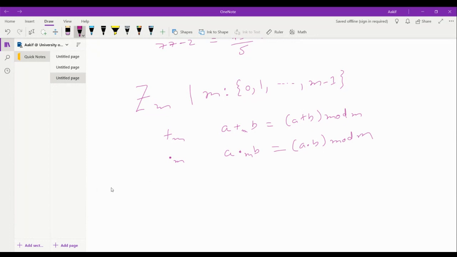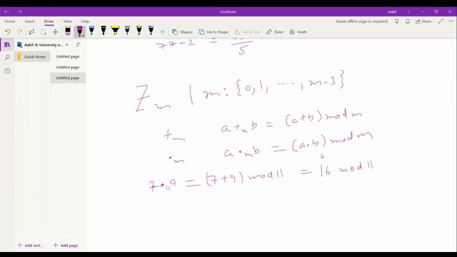Now, let's take this example into consideration: 7 plus_11 9 is the same as 7 plus 9 mod 11, which is equal to 16 mod 11.